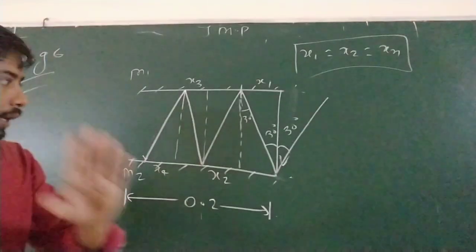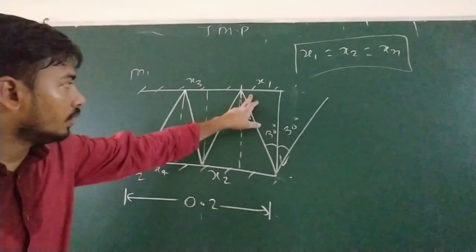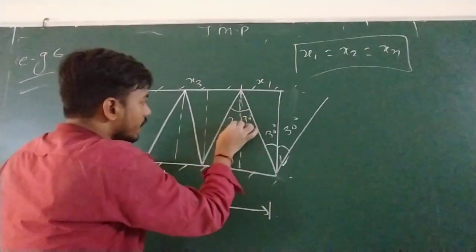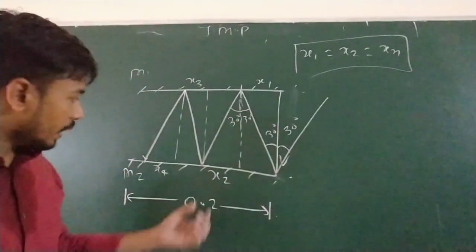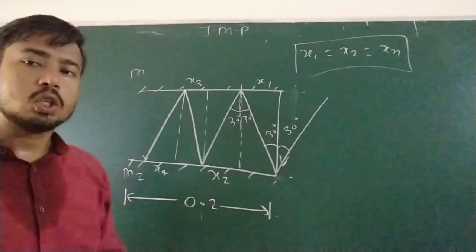Again I am telling you, in the first reflection it will travel distance x1, in the second reflection x2, but the angle of incidence does not change, right? So x2 must be equal to x1, x3 must be equal to x1.